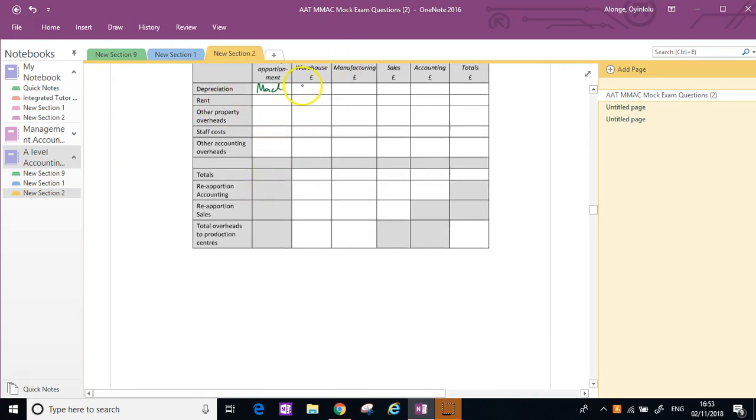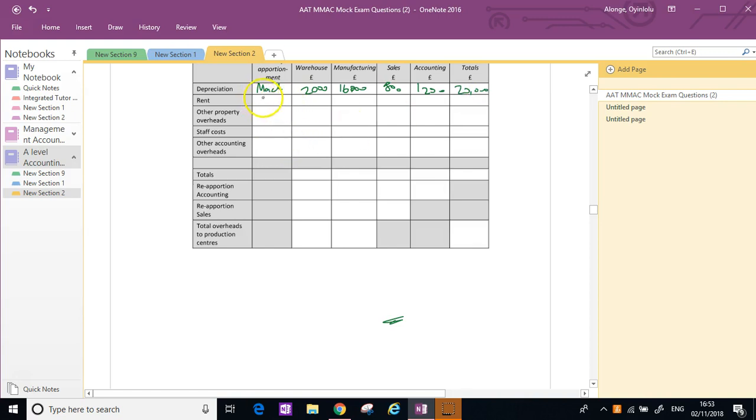Machinery, and I will have here 2,000, 16,000, 800 and 1,200, and just add it up, and that gives you 20,000.